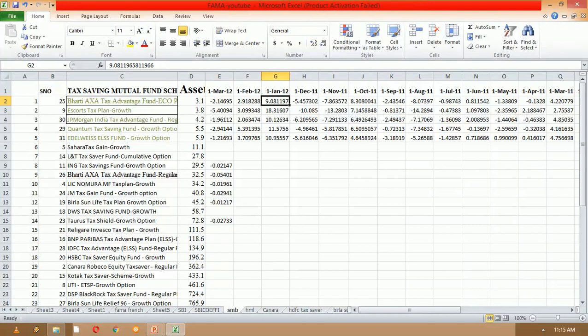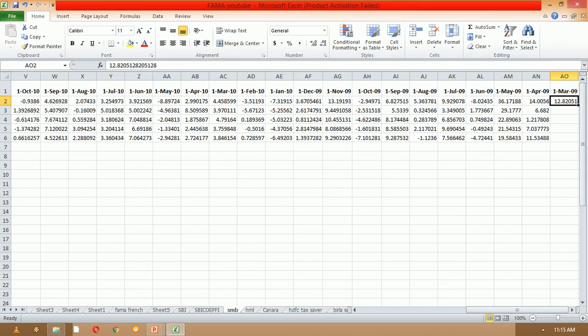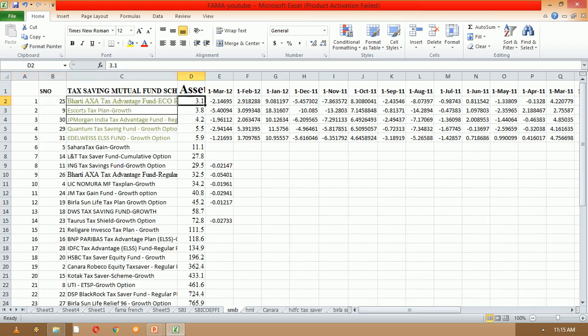This is the NAV return of this particular fund for a period of 3 years, from March 2009 to March 2012. This is the return in percentage, but we need to convert it into values.